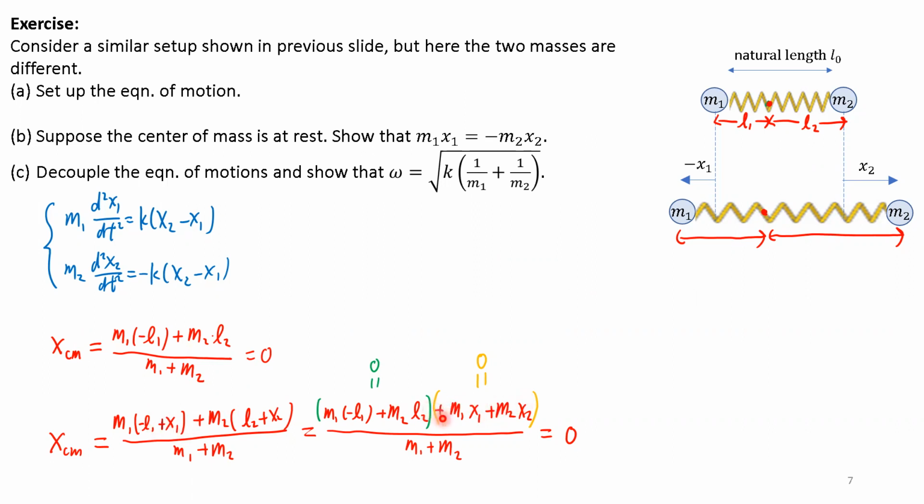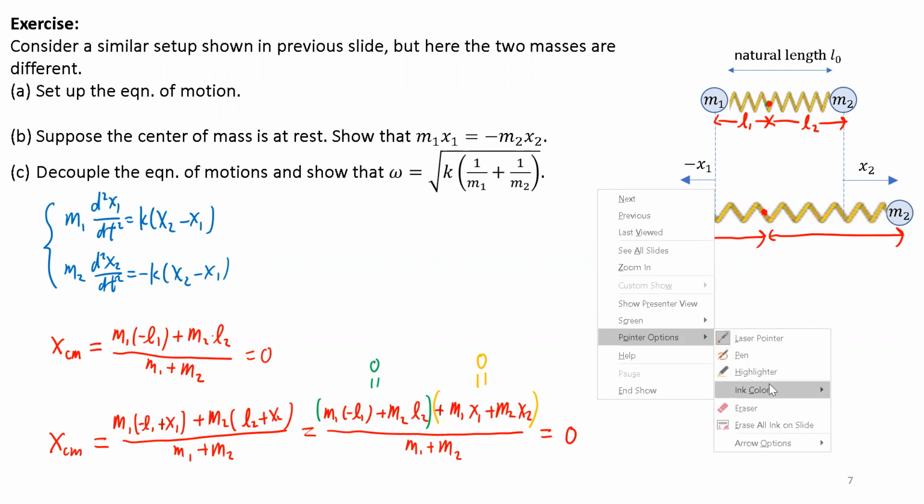Let me clarify one more time, because I believe some of you are still not entirely clear about how to think of the distance and the displacement for these two masses. I always consider going to the right-hand side to be positive.